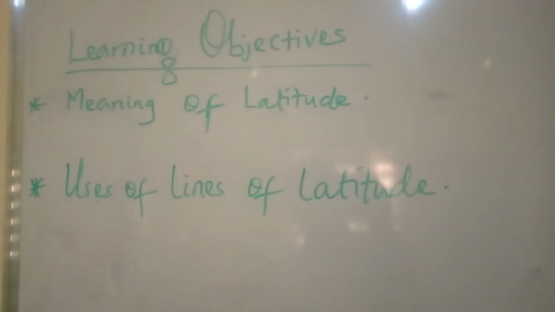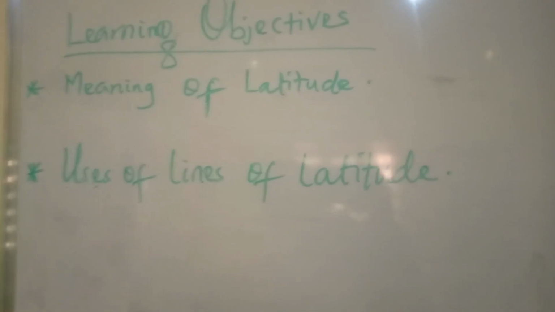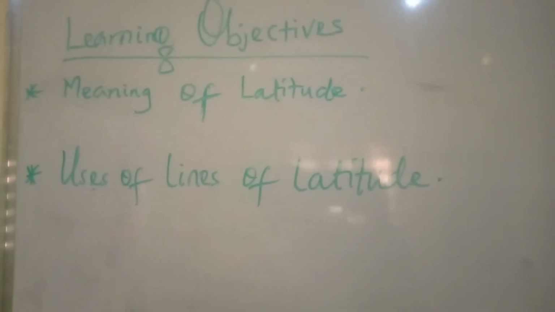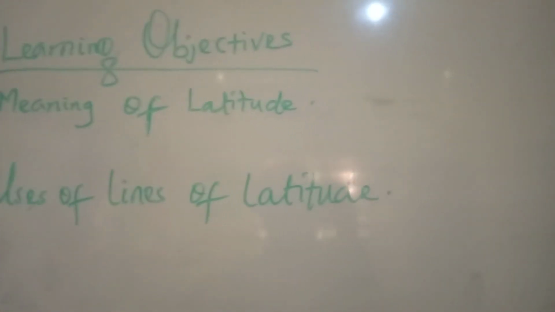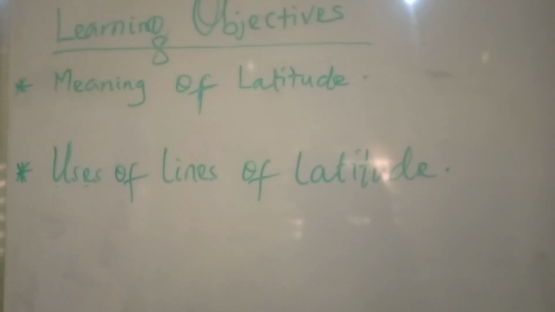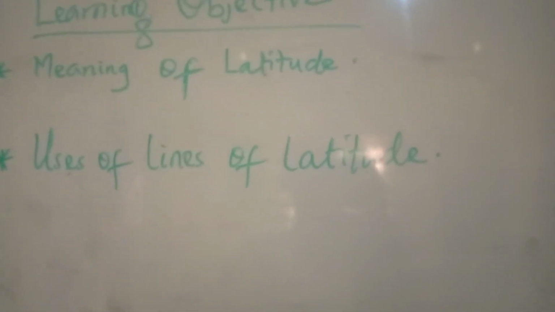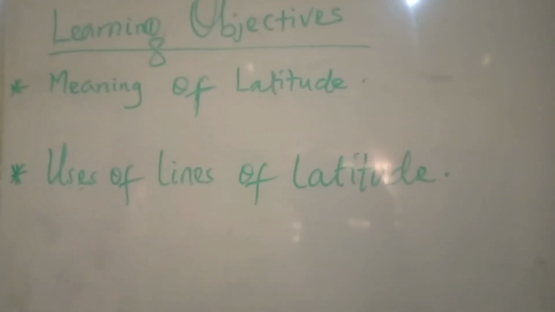In part two, we will be looking at how to use latitude to calculate distances. Of course, latitude deals with distances, from one location or point to another. So that is what we'll be looking at.